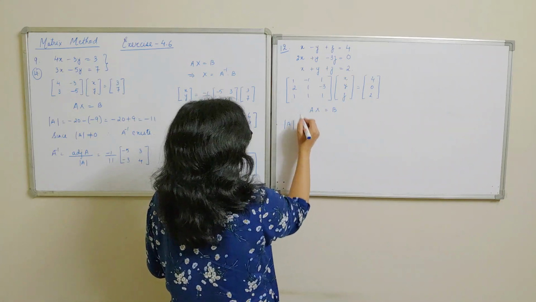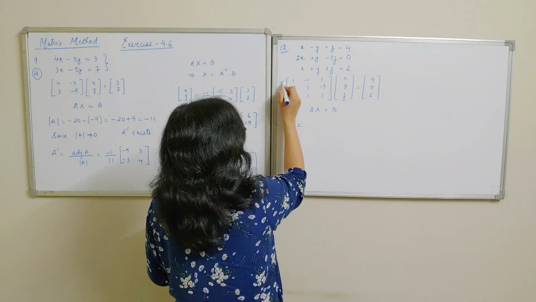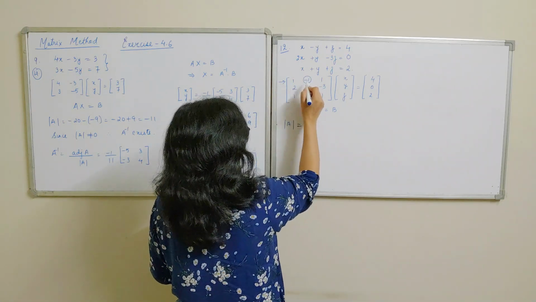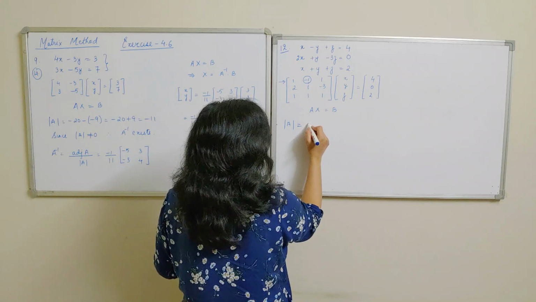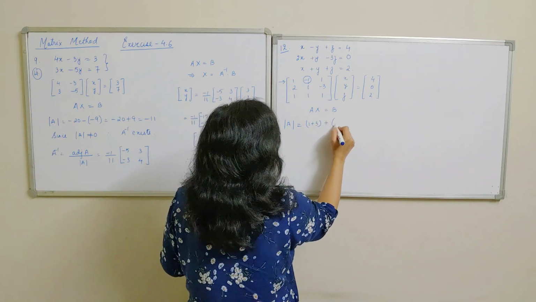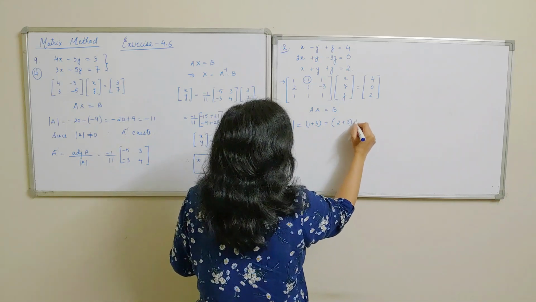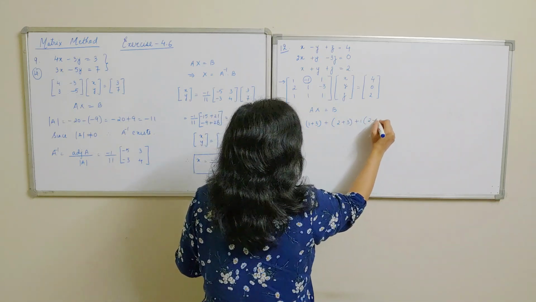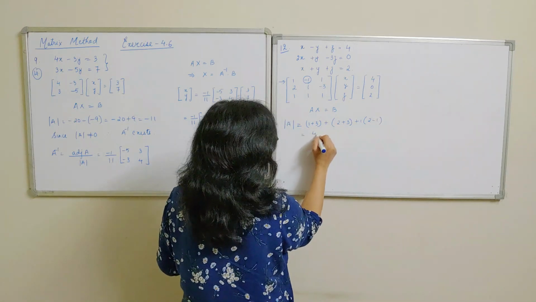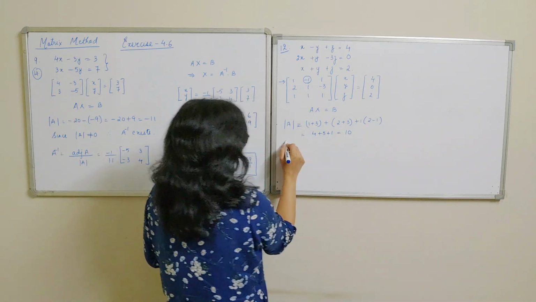If you want to convert any 2 of them into zeros, you can do so. As of now, I'm simply expanding along the first row. So that is 1 into (1 plus 3), plus 1 into (2 plus 3), plus 1 into (2 minus 1). So we are getting 4 plus 5 plus 1, which is 10.